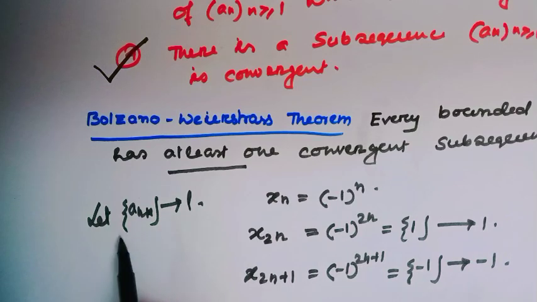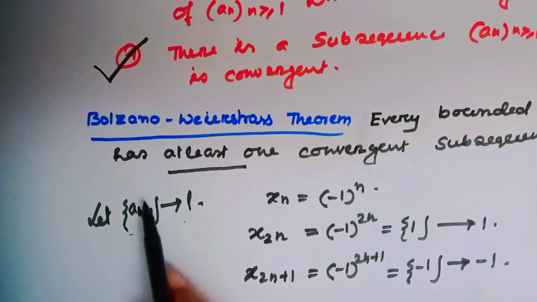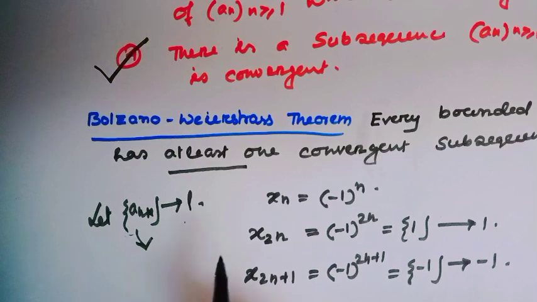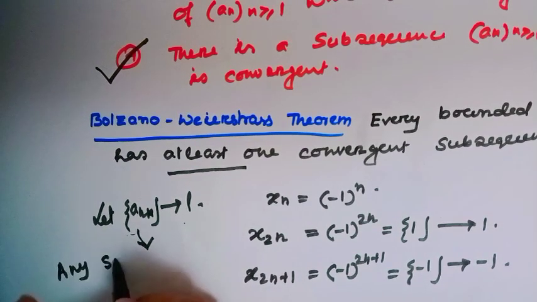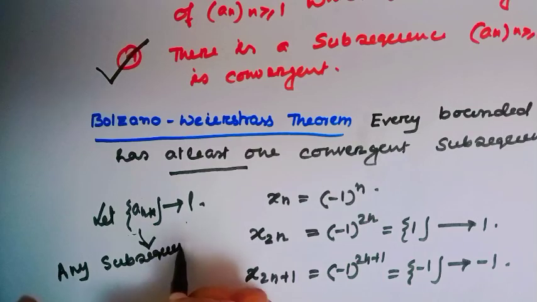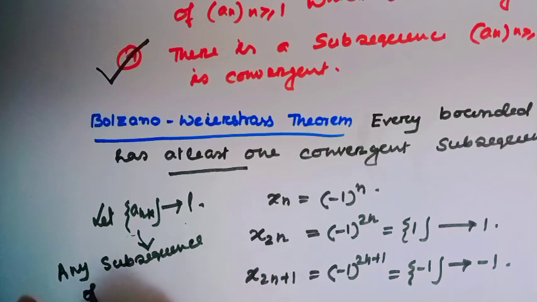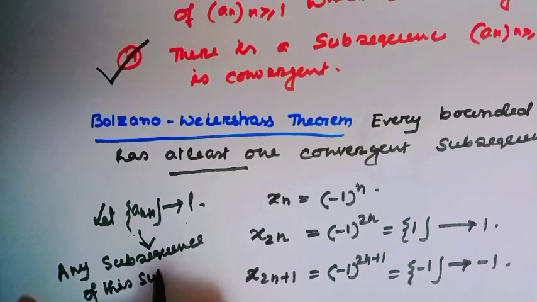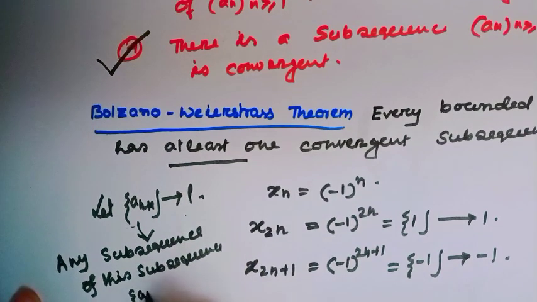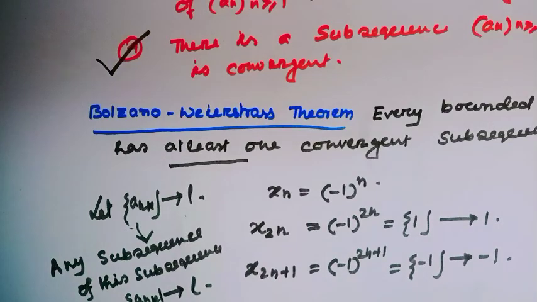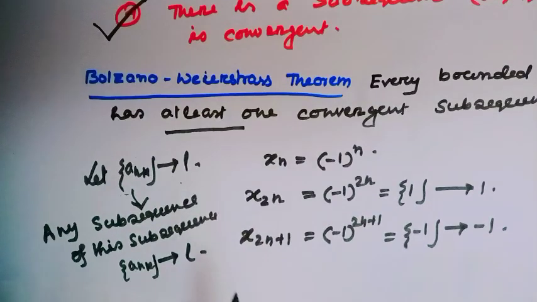Okay, since this is a subsequence of an, then any subsequence of this subsequence ank also converges to the same limit. Any subsequence of this subsequence ank also converges to L. Okay, are you getting my point?